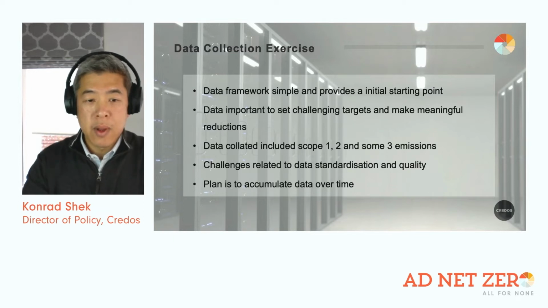Supporters needed to know where they were on the journey to, one, set challenging targets, and two, make meaningful emission cuts. This is especially important as each supporter may have different circumstances or different business models. The key data to be collected in this exercise was Scope 1 and 2, as well as some Scope 3 emissions data. This meant collecting data on utility usage, waste generation, and travel. For supporters that had never done this before, this was clearly a challenge, and in some areas data had to be estimated.